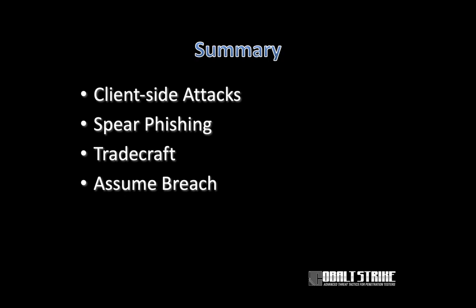We also talked about assume breach, because all this stuff like knowing how to phish is something every red teamer should know how to do. I believe that. But when you don't need to phish and it doesn't need to be part of your engagement, it shouldn't be. And that's where assume breach comes in as well. This concludes part 5 of Red Team Operations with Cobalt Strike, Initial Access.